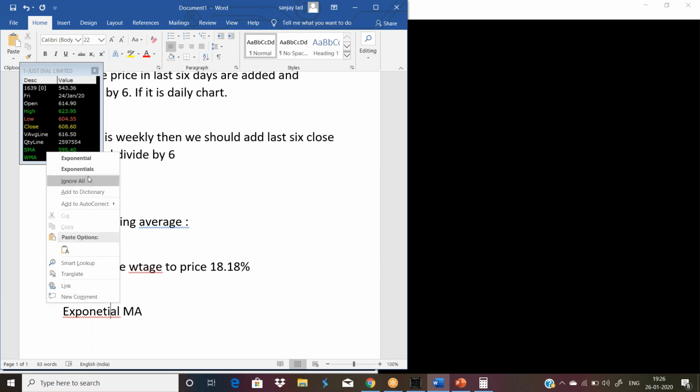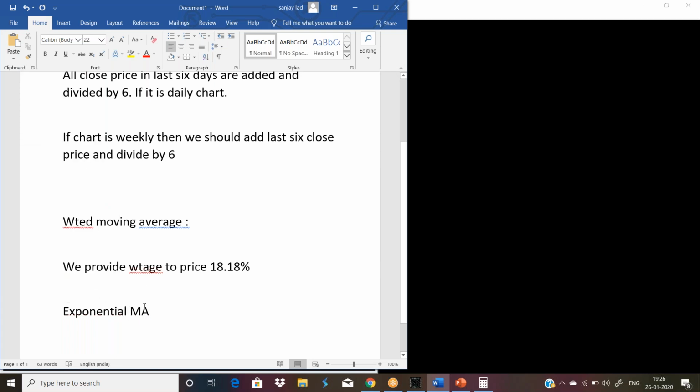This is the best moving average. Exponential moving average, in short it is called EMA.